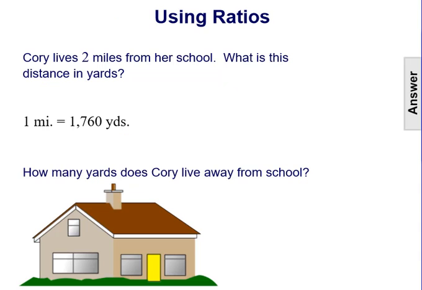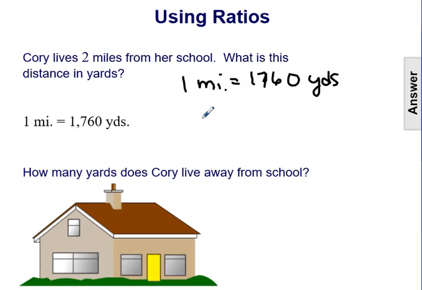Now for our last problem, we have Corey lives 2 miles from her school. What is the distance from her school in yards? Right? We're trying to figure out how many yards Corey lives away from school, knowing that 1 mile is equal to 1,760 yards. So that's our first rate we can use, 1 mile is equal to 1,760 yards.